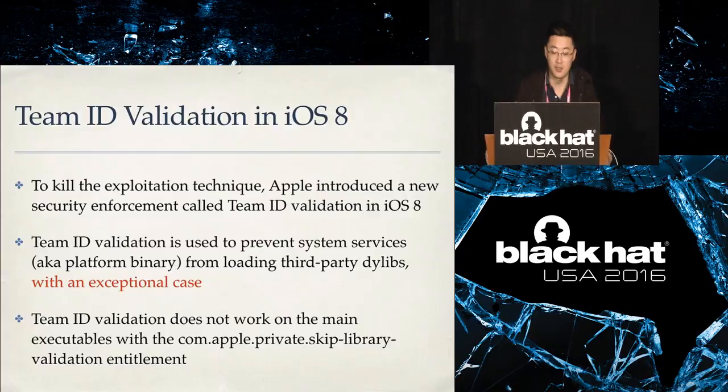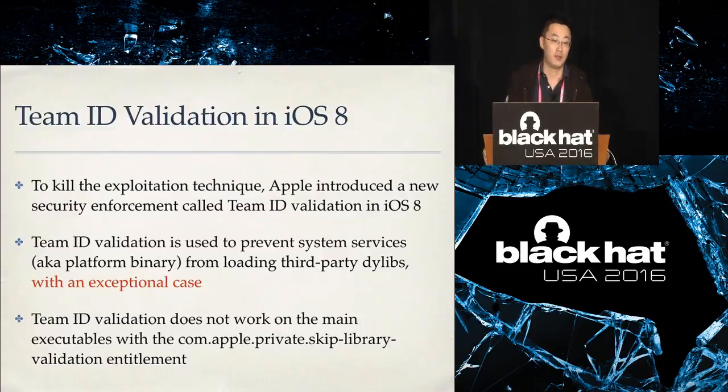But since iOS 8, Apple made a big change. To kill this kind of exploitation technique, Apple introduced a new security enforcement called TeamID validation. So basically, TeamID validation's idea is this. When you load a library, the kernel will check who created the library. There is the ID information embedded in the library which is not changeable.